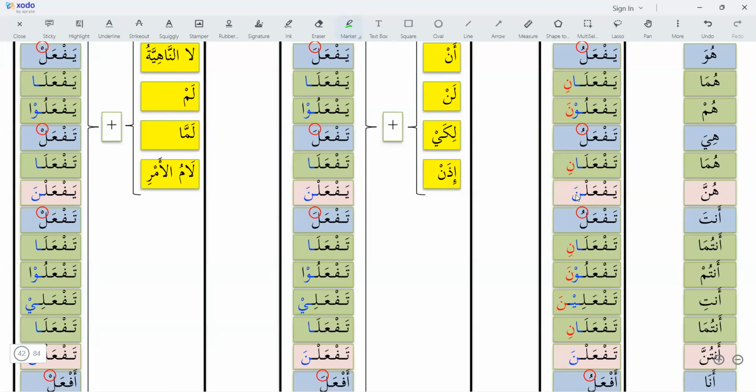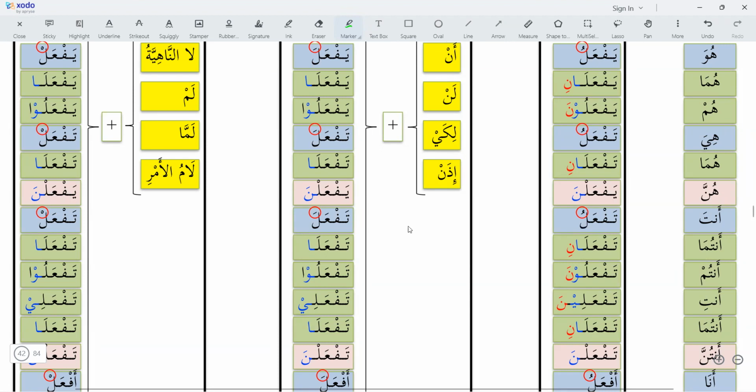What is yaf'alna? It is mabni. Yaf'alna and taf'alna are mabni. So it is mansub, yaf'alna. It is majzum, it will remain yaf'alna. No change in yaf'alna.